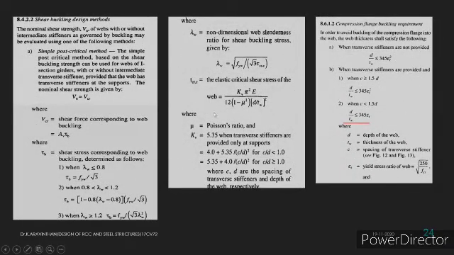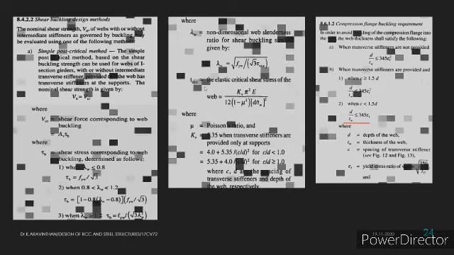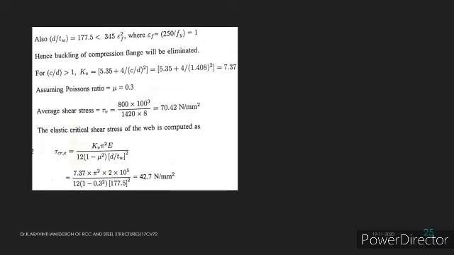We have found out the Kv, and if you substitute Kv here, and E is the Young's modulus, mu is assumed as 0.3 and all the values are known. So now we found the critical elastic shear stress. The critical elastic shear stress will be 42.7 Newton per mm square. Okay.